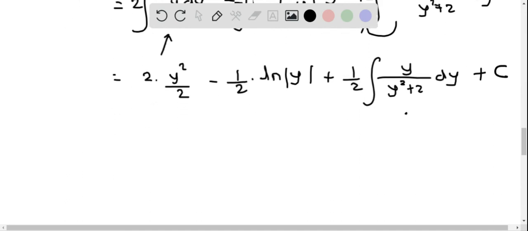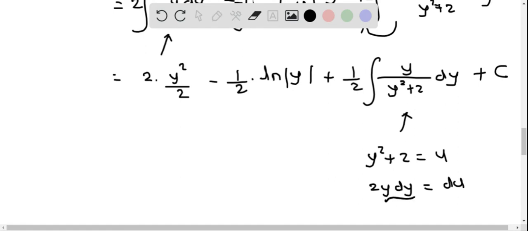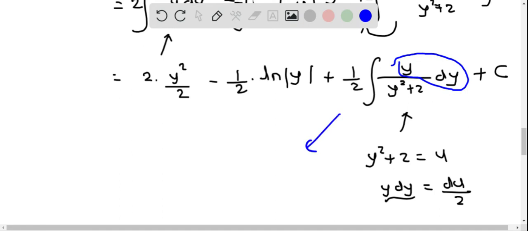Now let's see how to integrate this. We can use the substitution here. That is, we put y squared plus 2 equals u. And this implies when we take the derivatives on both sides, we get 2y dy equals du. Or we can solve for y dy by dividing both sides by 2. So y dy equals du over 2. And this means we can replace this y dy in the integral with du by 2. So let's write this integral.